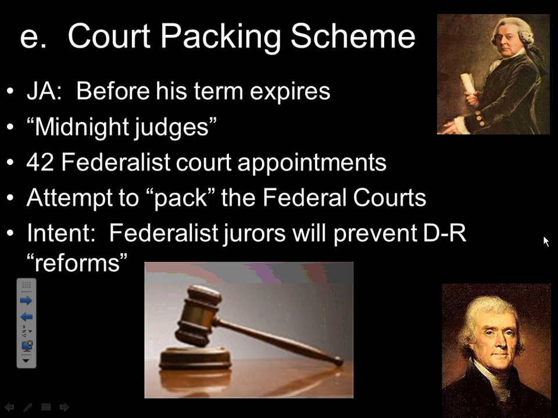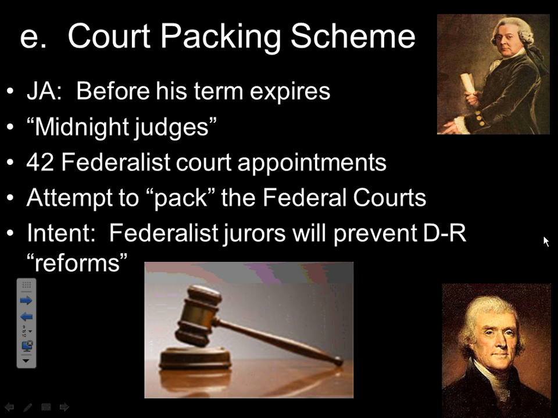In that intermediary time, as John Adams is finishing his term, he begins to appoint 42 judges to various court positions in the federal government. And what he's trying to do here is add new justices from the Federalist political perspective, knowing that the incoming president, his rival, Thomas Jefferson, is a Democratic Republican.